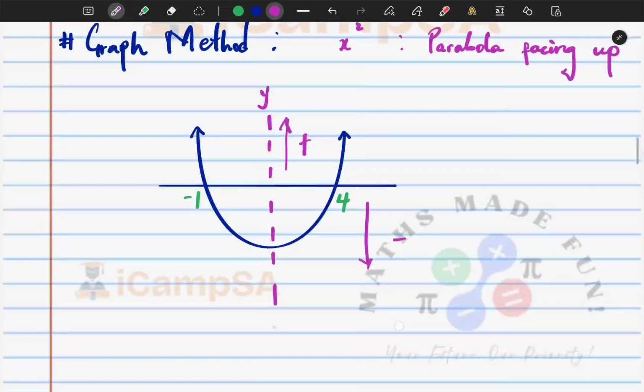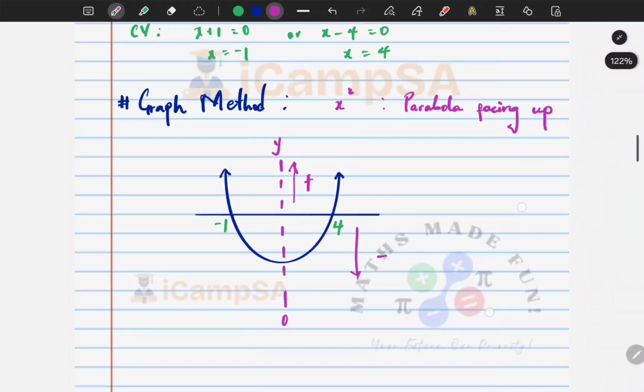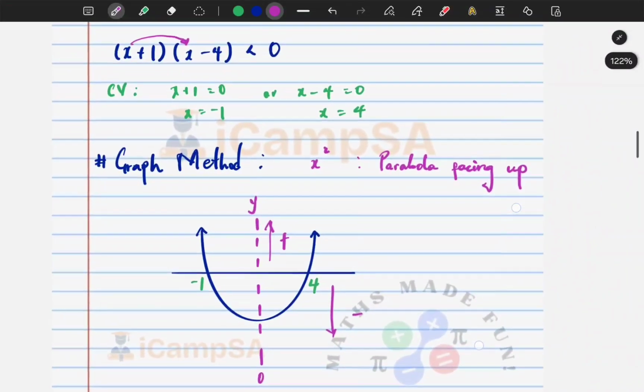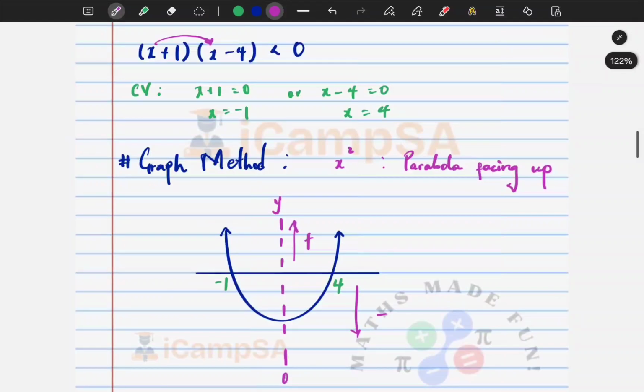So here we are going to assume that it's 0, right? So this can also be written as all the numbers x less than -1, or x less than 4.